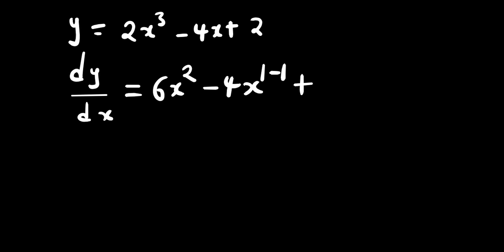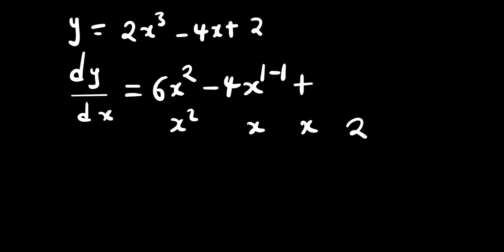Then the differentiation, or let me say the differential of a constant, will be 0. How does it become 0? Let's say you have 2, and you're going to assume that this 2 is attached to a letter. Let's assume that the powers of x are decreasing. If this is x squared, this is x, it means the other one will be x to the power 0, because the powers of x are decreasing.